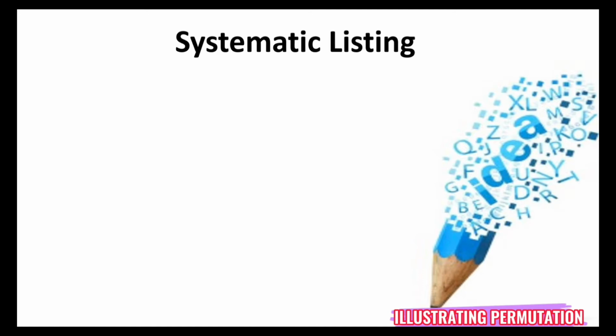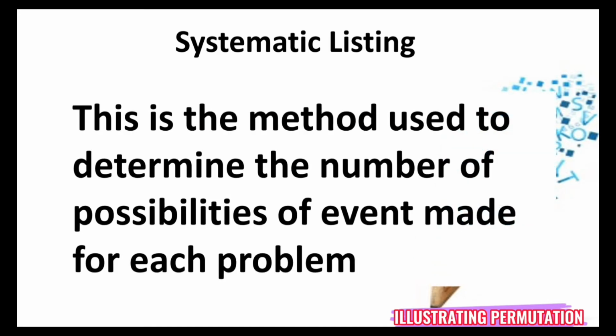Let us make use of systematic listing. This is the method used to determine the number of possibilities of an event made for each problem. The advantage of this method is you can see all the possible arrangements of an object.